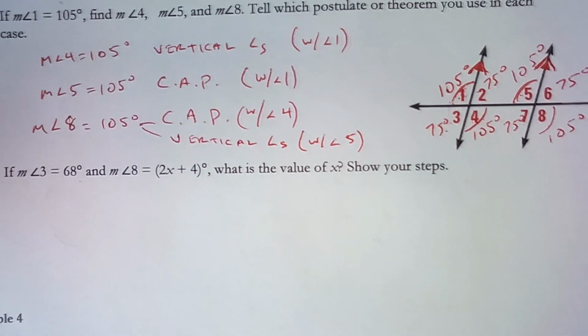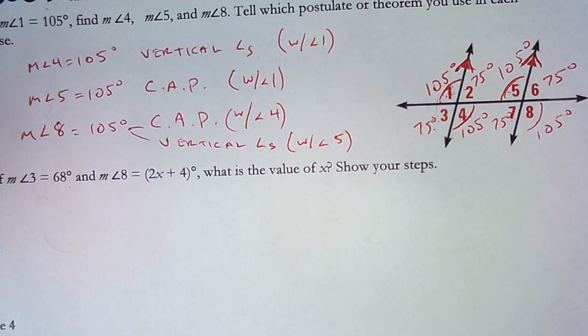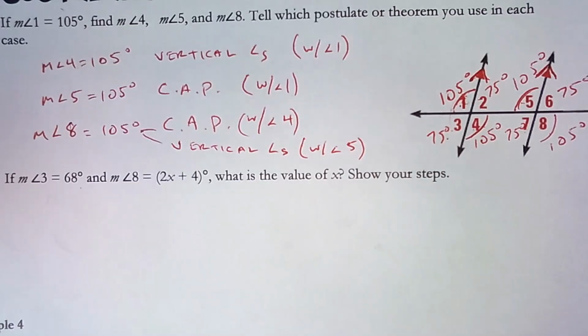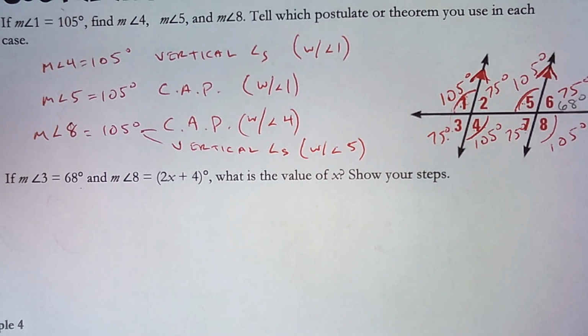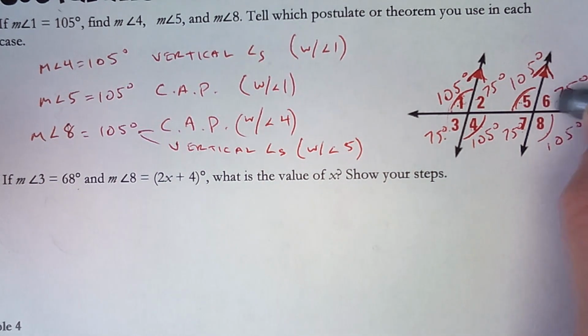I'm going to change to a pencil on that picture just to get a different look in there. So if angle 3 is 68 degrees, so we're forgetting all these other angle measures, they no longer exist, and the measure of angle 8, and I put that on the wrong angle, didn't I?